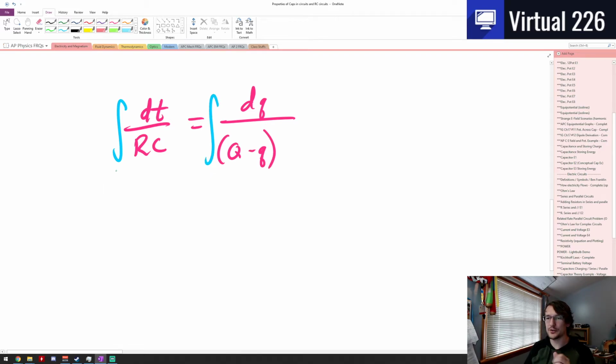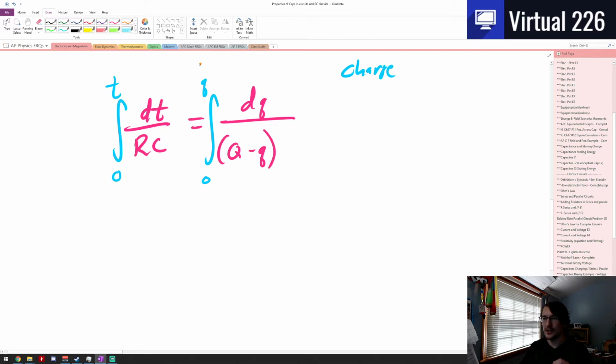We're going to integrate our left side from bounds starting at time equals 0 to some time later. I don't know what it is, let's just call it t. On our right side here, in this case, let's charge the capacitor. So we're starting from some initial charge 0, and we're charging to some charge q later. And in reality, this is the q of t term we're thinking about.